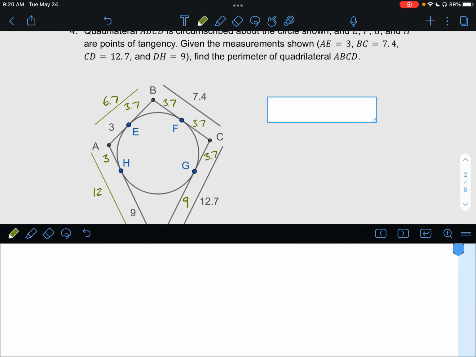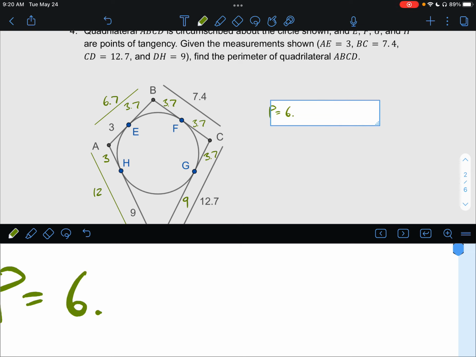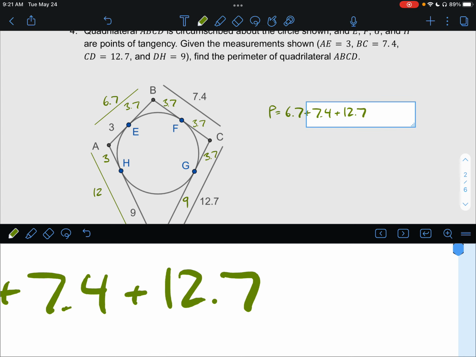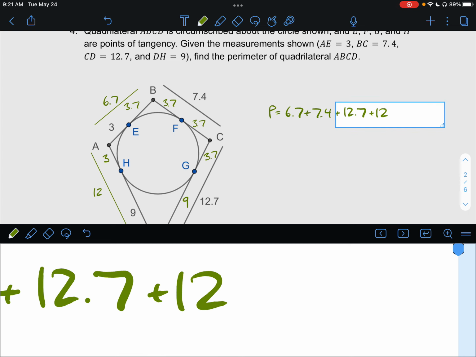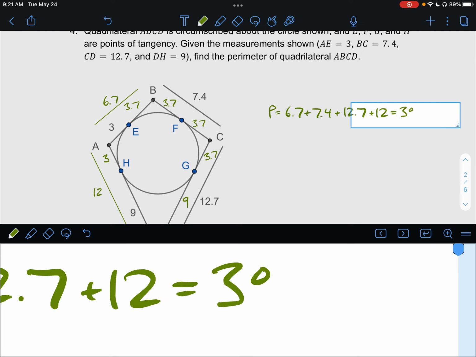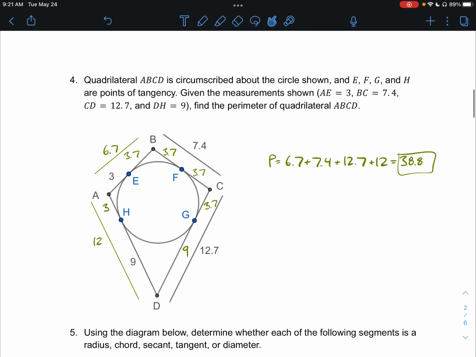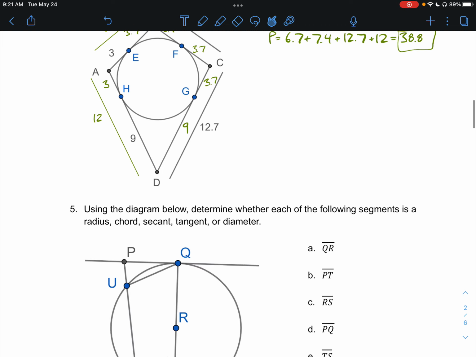So my perimeter is going to equal 6.7 plus 7.4 plus 12.7 plus 12. If you do that on a calculator, you should get that the perimeter is 38.8. So that's how to find the perimeter of that circumscribed quadrilateral.